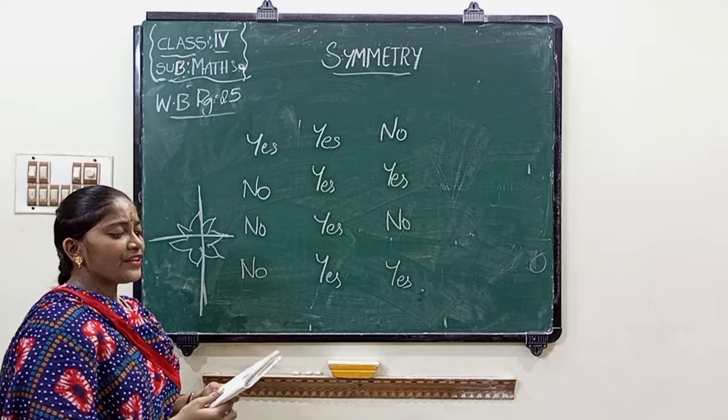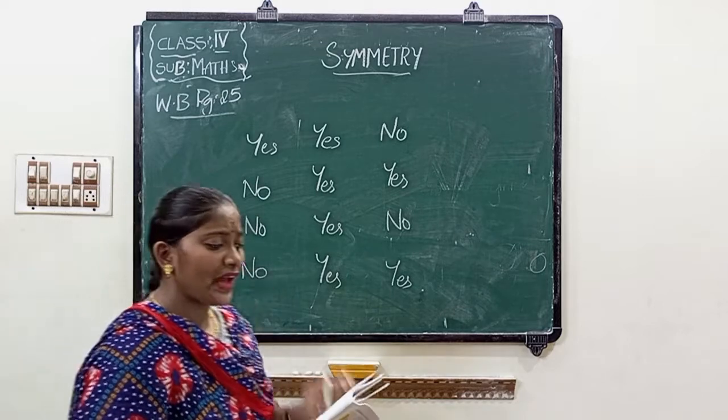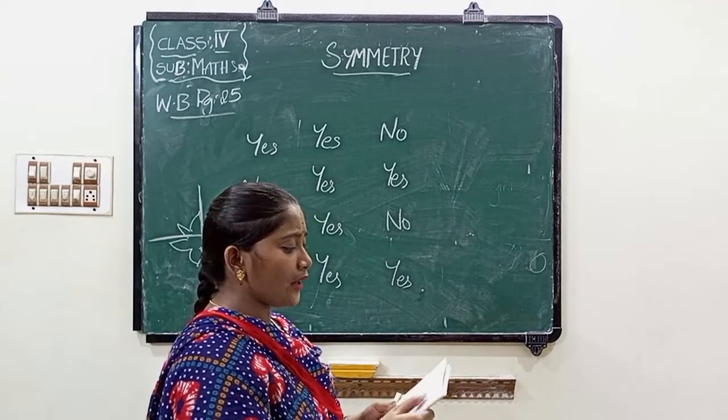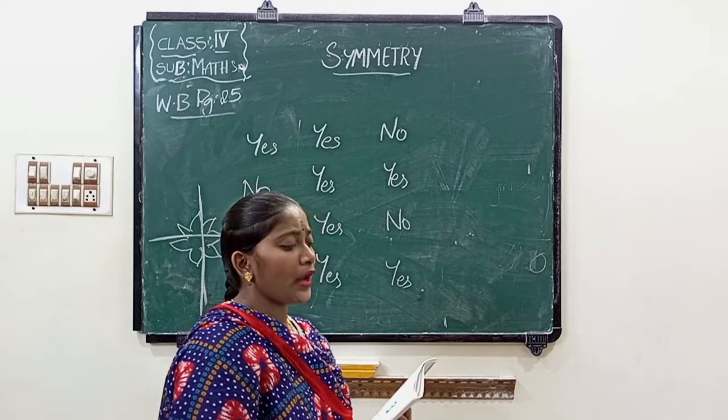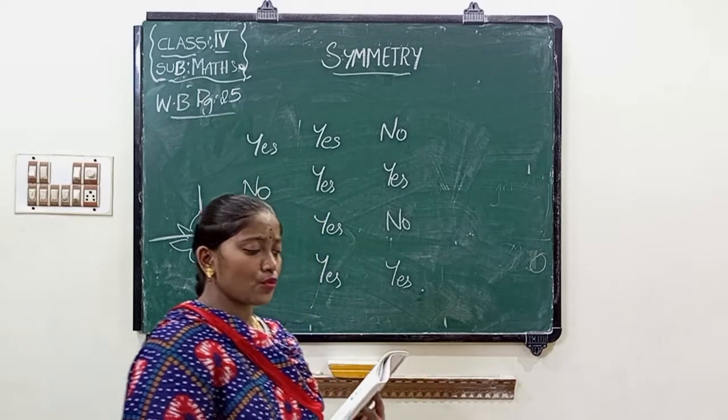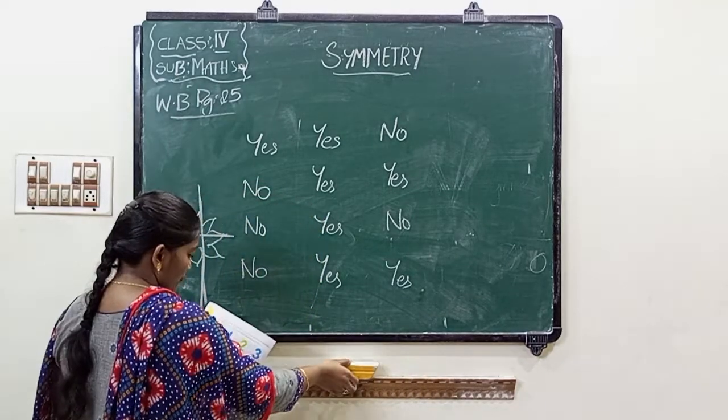Turn the page. Which numbers among the following have at least one line of symmetry? Then draw at least one line of symmetry for those numbers. First one is 0.